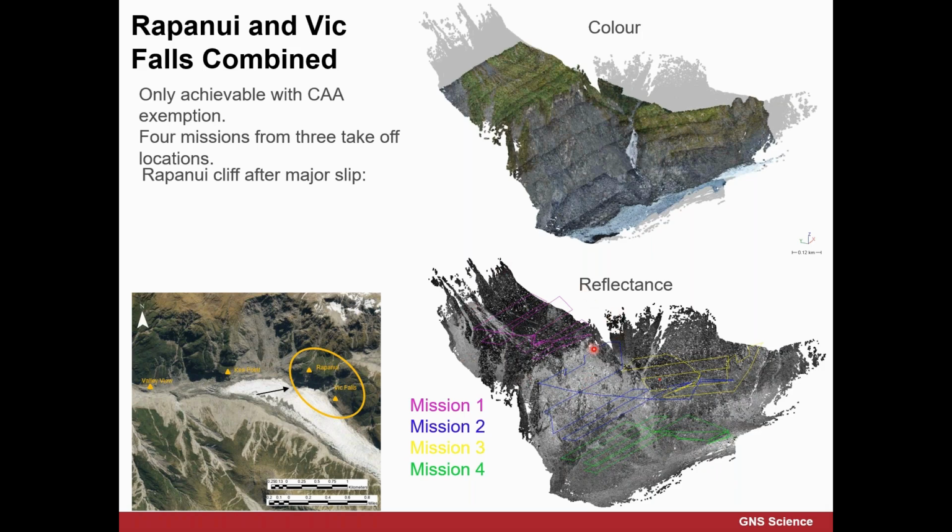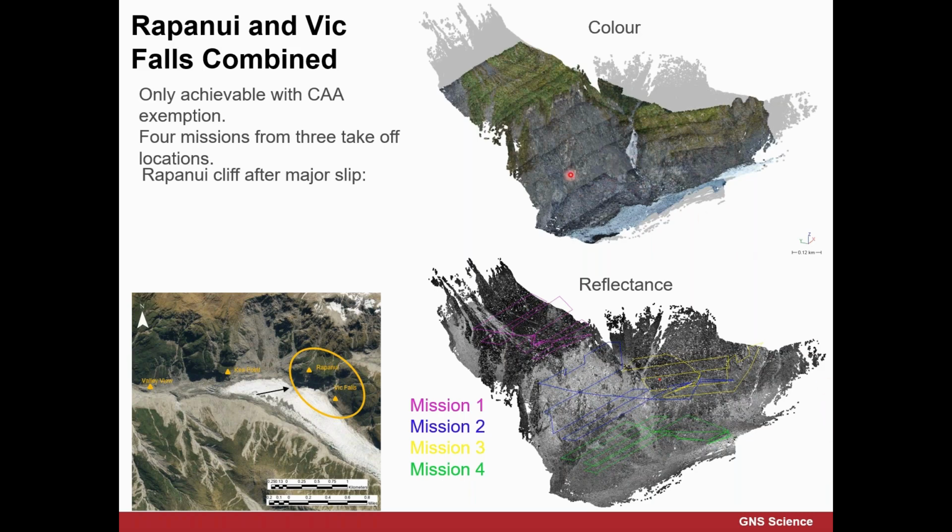So in the past, we've just done the pink, and then for Vic Falls, we've just done the yellow mission. But this time we're actually able to fly up the cliff from our Vic Falls site to gather all that data, because the LiDAR looks horizontally as well as vertically. So we're able to collect all that data.